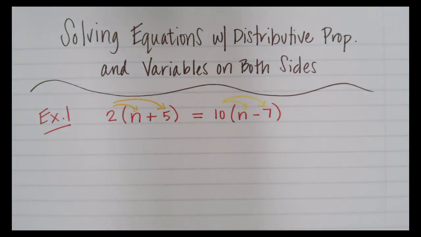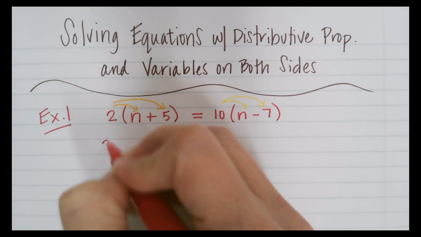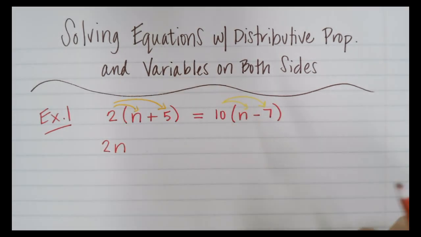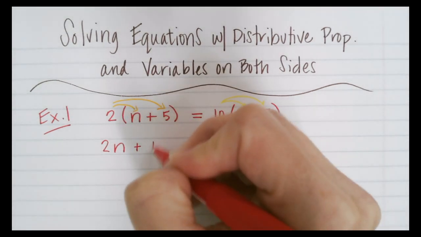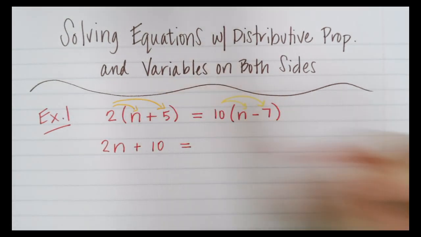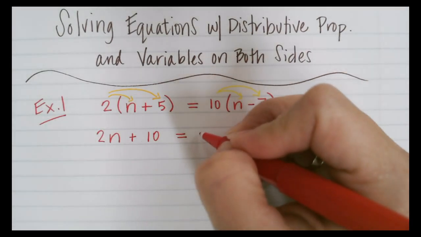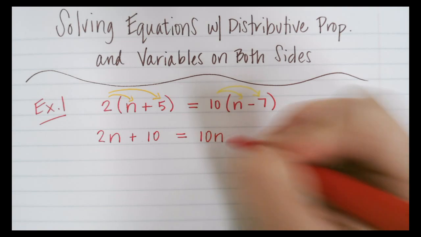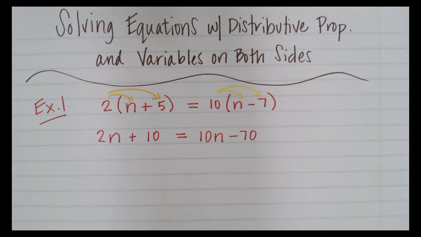On the left side, distributing the 2 to the n gives 2n, and distributing the 2 to the 5 gives plus 10. On the right side, distributing the 10 gives 10n minus 70.